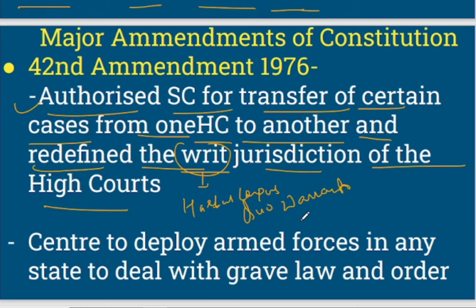There is certiorari, then there is prohibition. So here it is saying that there was redefinition of the writ jurisdiction of the high court. Then this act also said that the center can deploy armed forces in any state to deal with a grave law and order situation. Needless to explain.